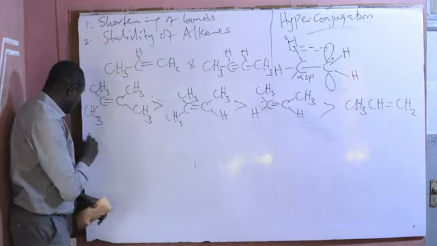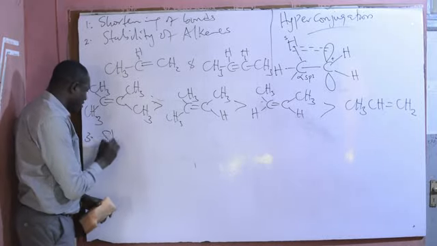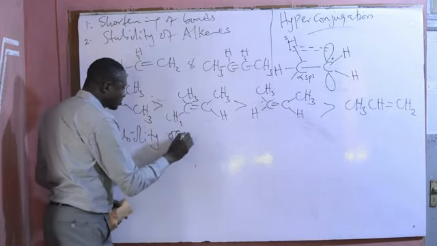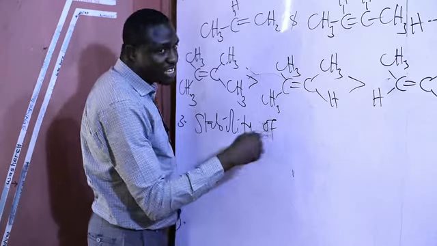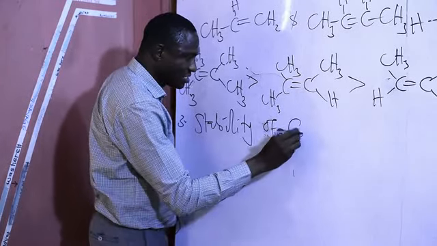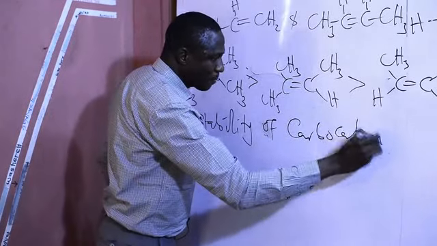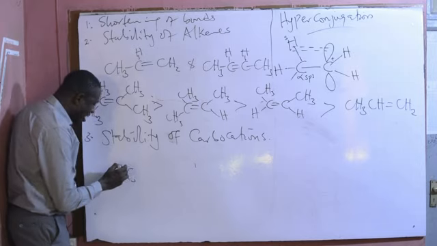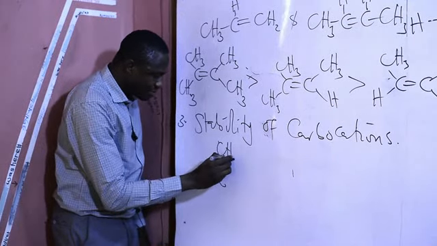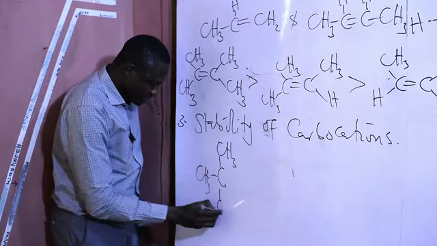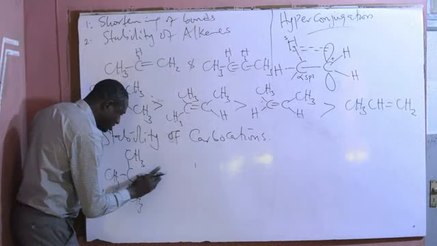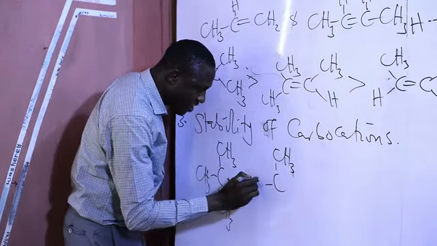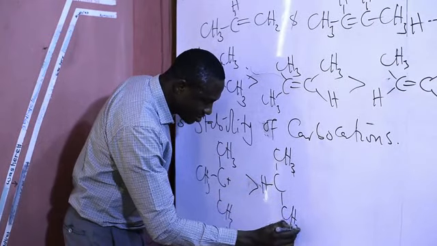Another important effect of hyperconjugation is the stability of carbonium ions. In our subsequent episode, we are going to discuss the different types of carbon that we have and their stability. Carbocation: we observe that a tertiary carbocation with more alpha hydrogens, look at this, CH3 carbonium ion, is more stable than a secondary carbonium ion with 6 alpha hydrogens, CH3 plus.